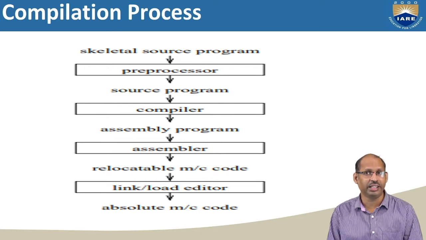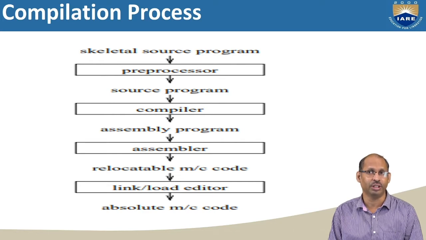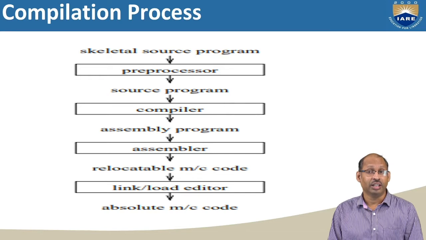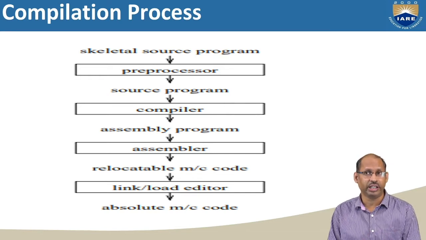What is the task of a linker? We already discussed it just now. A linker will combine the object code of all the header files which are included in the current source program. So if we say include stdio.h, that stdio.h will consist of the object code of all the input output functions, simply printf and scanf.